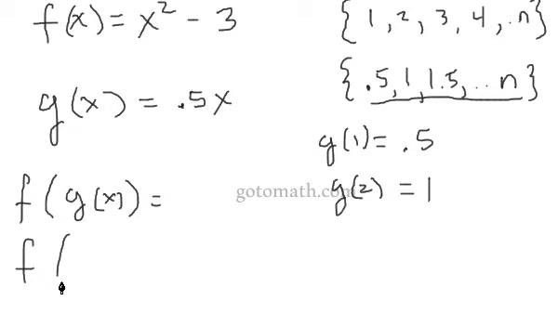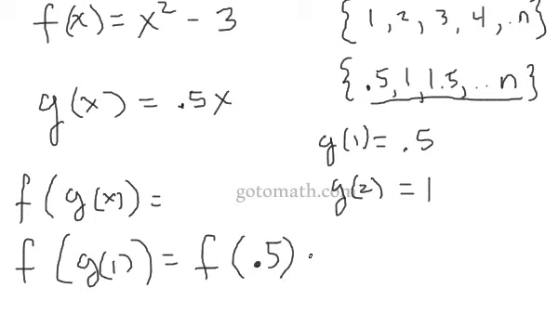So let me just rewrite this. This is f of g of 1, and that's equal to f of, and now g of 1, remember, is 0.5. And then of course we evaluate, we plug in 0.5 squared minus 3.